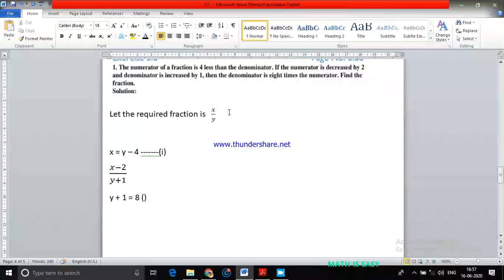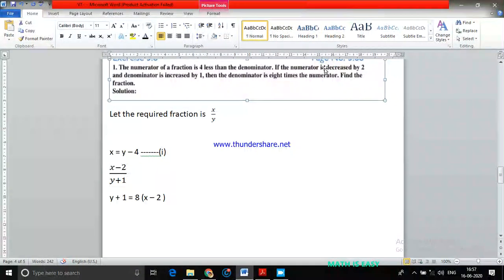Here I have to take x minus 2 only, because after decreasing the numerator and increasing the denominator, the 8 times condition is applicable.